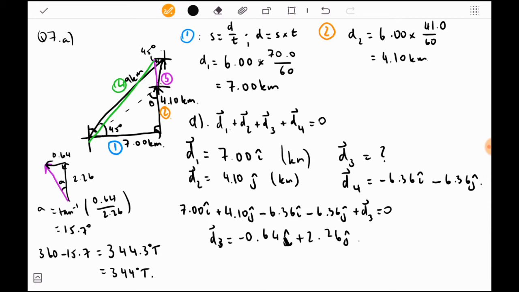So let's write it down here. Therefore, the distance they traveled was 2.35 kilometers after turning 344 degrees true.